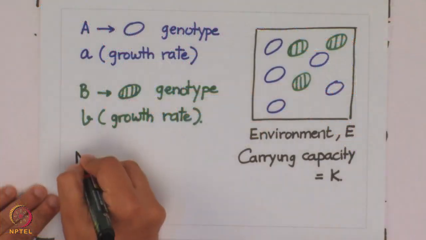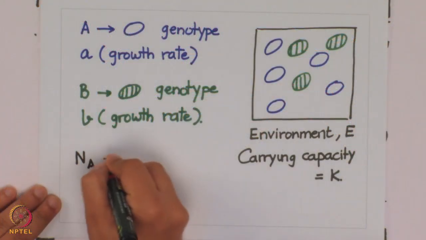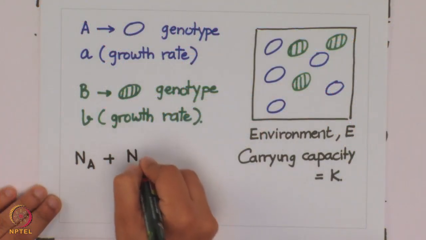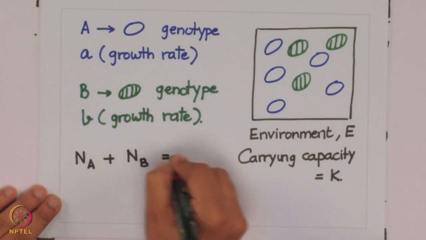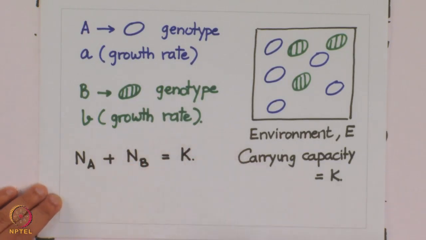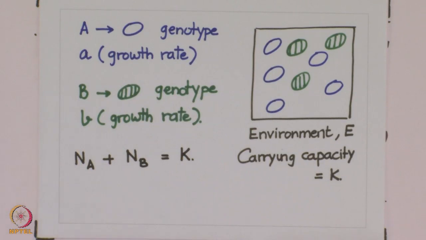That means the number of A individuals Na plus Nb is equal to K. And selection basically takes place.